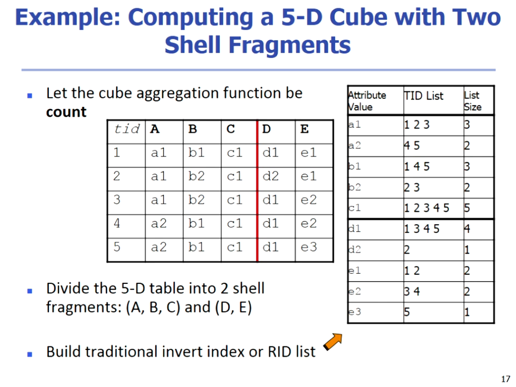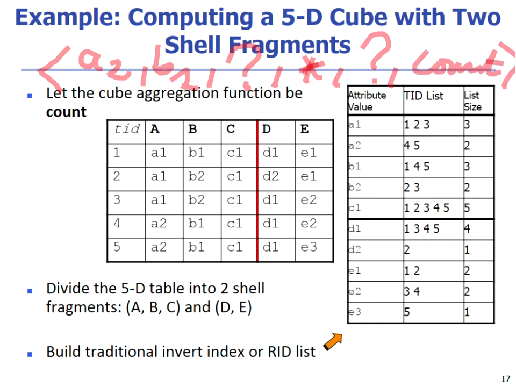So let's suppose that our query is like this: A2, B1, star, count. So this is my query.